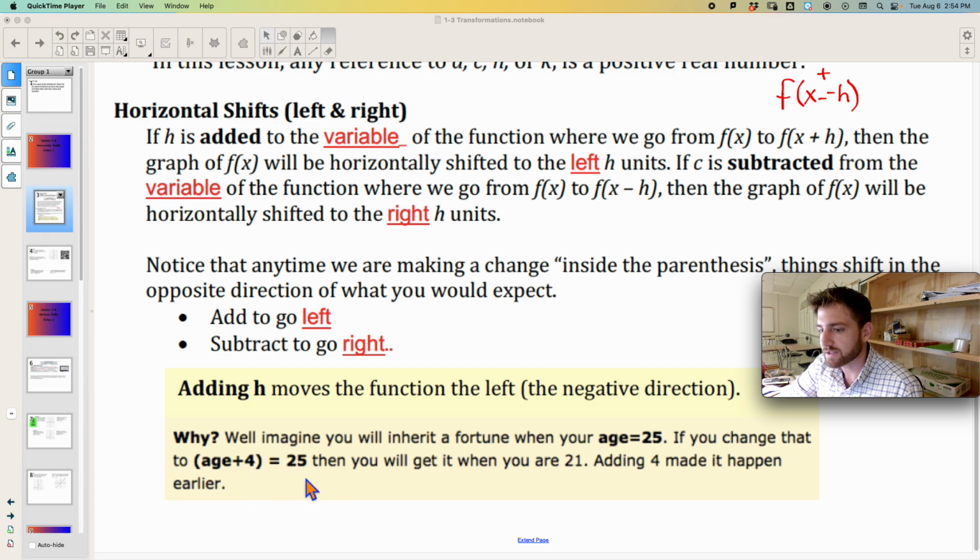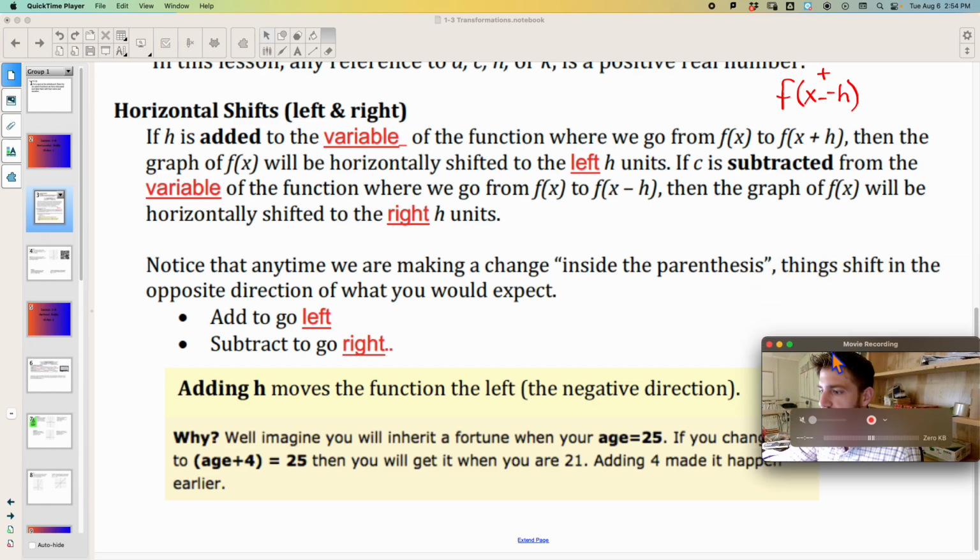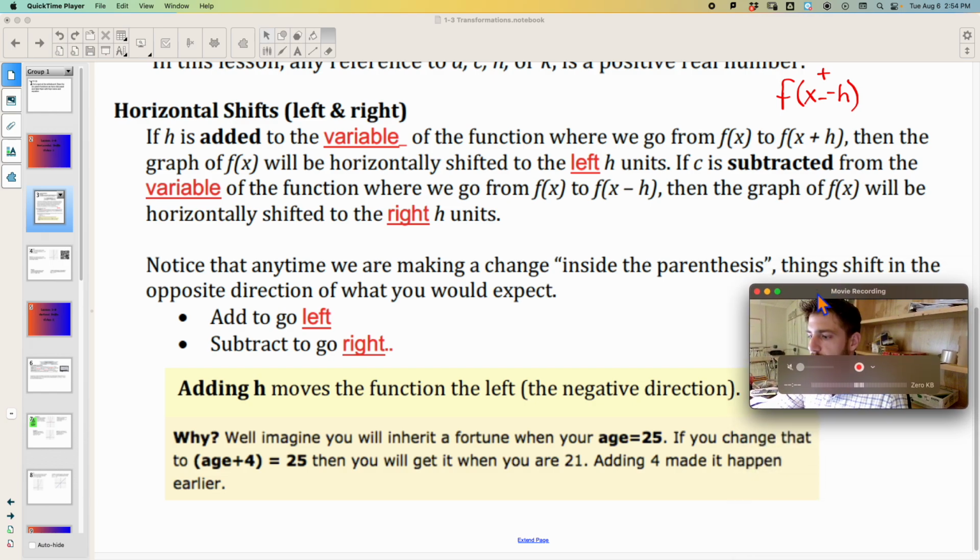You'd have to subtract 4 from both sides of your equation. Adding 4 made it happen earlier, so you're getting the inheritance earlier. I know that seems kind of counterintuitive, but if anything you need to remember from this, it's add on the inside of the parentheses, shift left; subtract, go to the right.